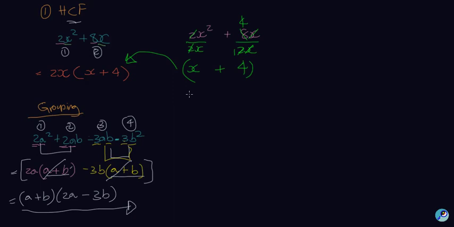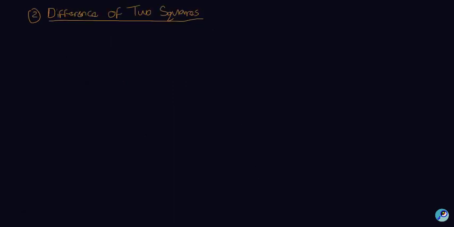So next is the difference of 2 squares. So it's like we have 2 terms, maybe we have x squared minus 9. About the difference of 2 squares, first of all, difference is like subtracting, or like minus.